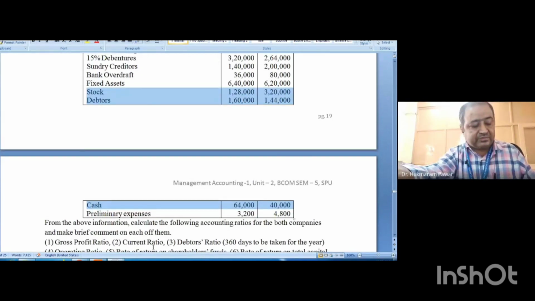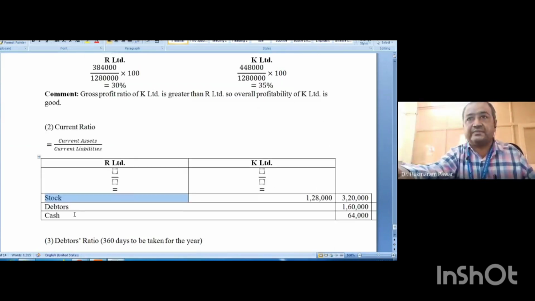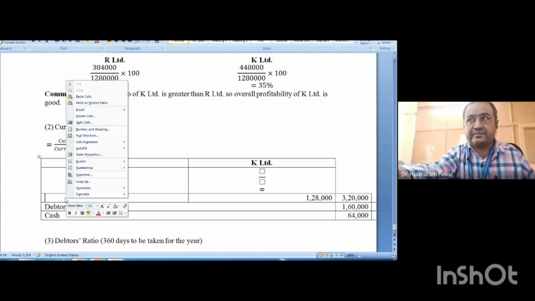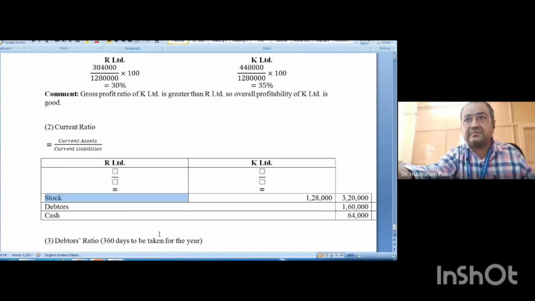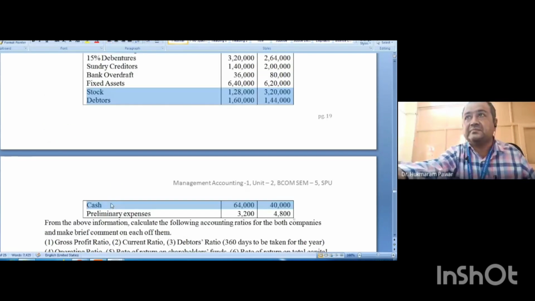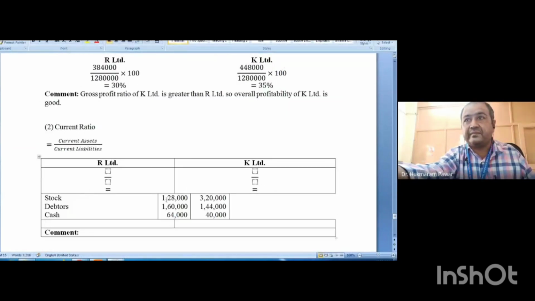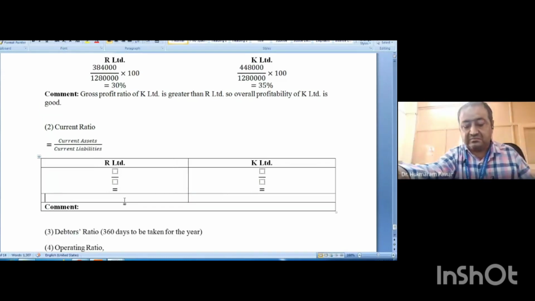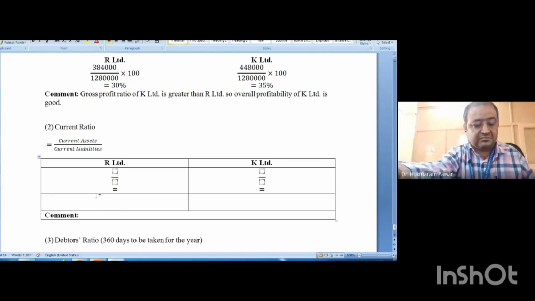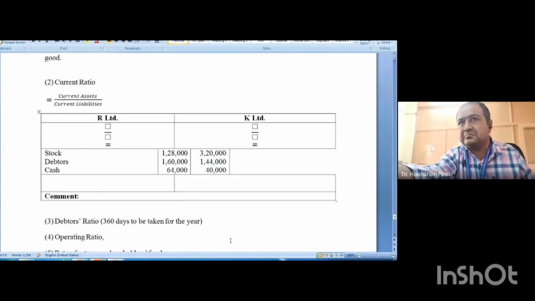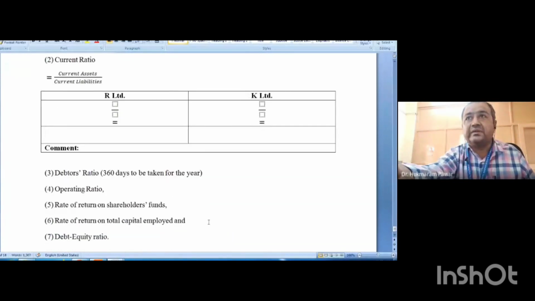Okay. So what is the total of current assets here? Let's directly make the total first.